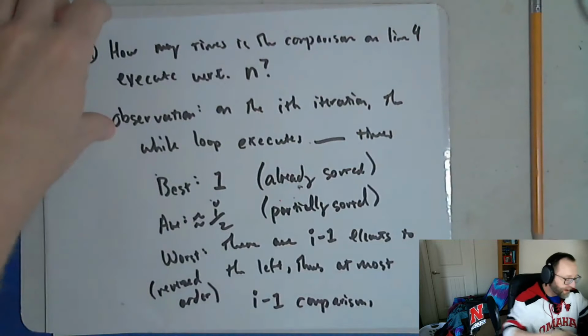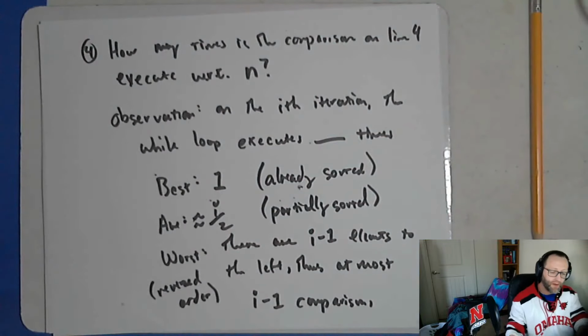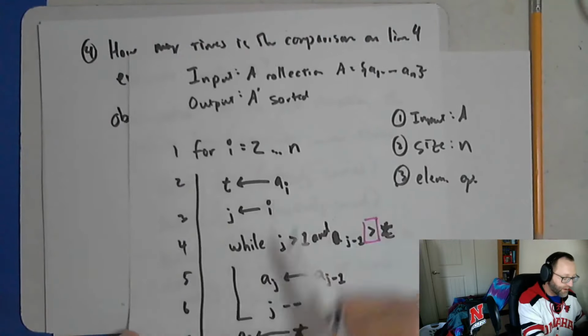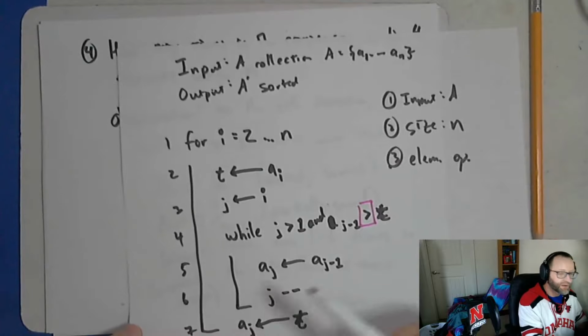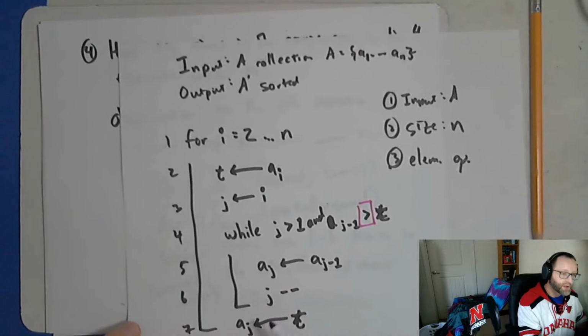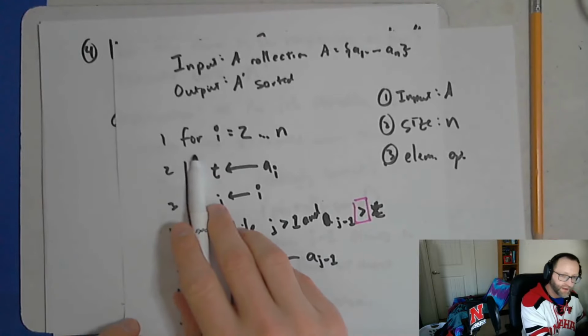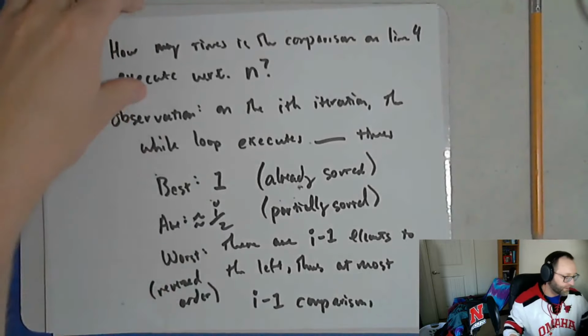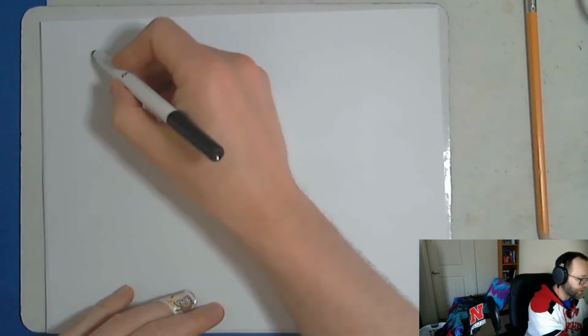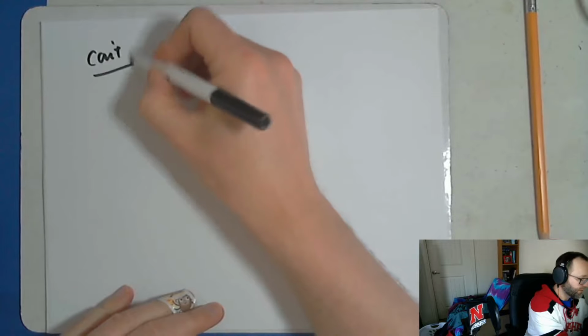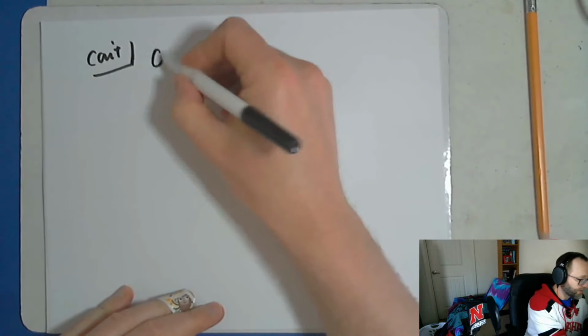So that was my first observation, that on the ith iteration, this while loop here executes a certain number of times. So my second observation is, how many times does the for loop execute on line 1? Right? So I'll go ahead and keep this here handy. So, continued. Observation 2.